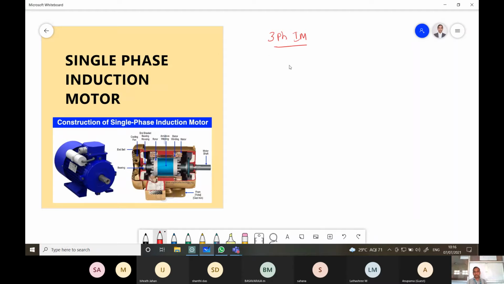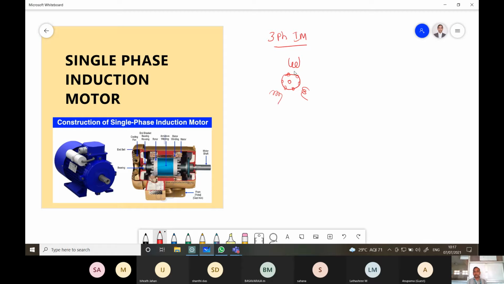What is the difference between three phase and single phase induction motor? In a three phase induction motor, we have three individual windings placed 120 degrees apart, and the rotor is placed inside the stator with some air gap.